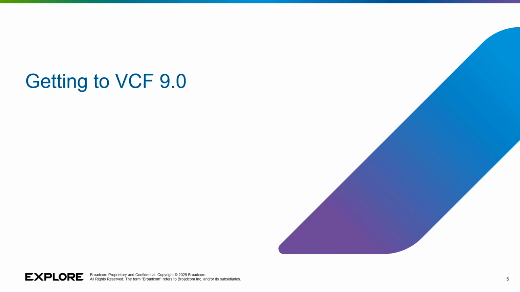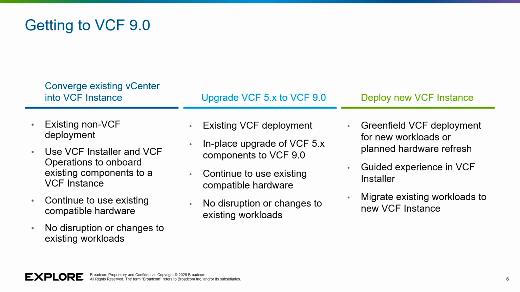To talk a little bit more specifically about getting to VCF9, generally, we have three main strategies depending on your scenario. The first scenario is if you have an existing non-VCF deployment, a vSphere-based deployment. With that, you can use VCF installer and VCF operations to import these existing components into VCF9.